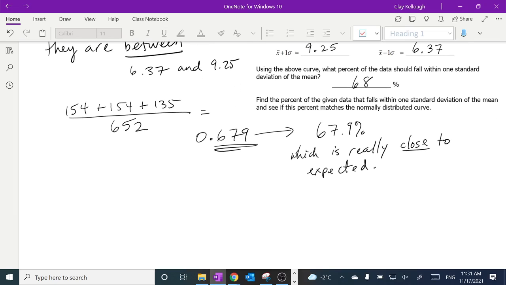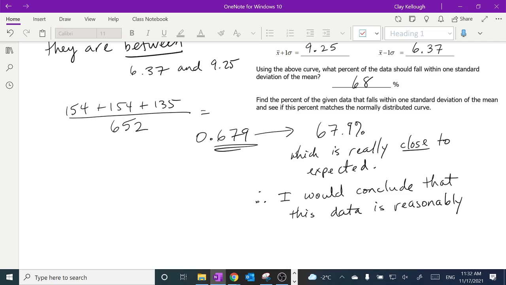The numbers tell a different story than the picture did. I would conclude that this data is reasonably close to normally distributed.